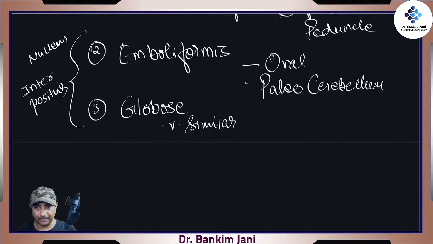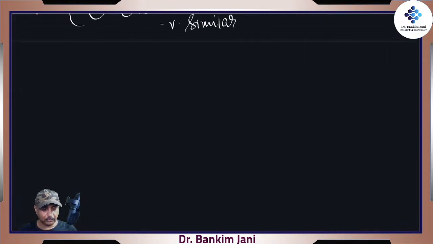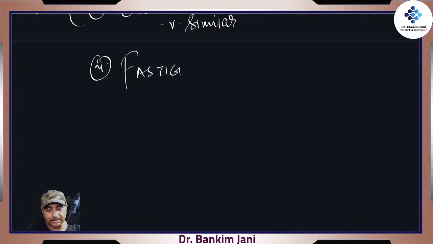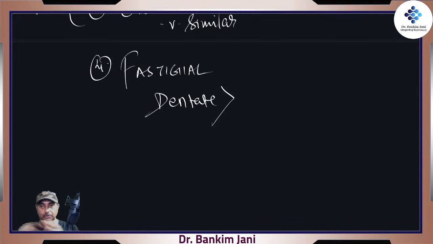The final one, which is the fourth one, is the fastigial. Now the biggest nucleus was the dentate, no doubt about it. Then smaller than the dentate is the fastigial.